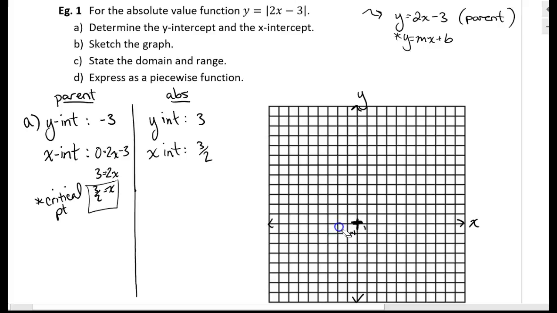Actually, I'm going to go by half since I've got lots of space. Okay, so if you do like drawing the parent function, go right ahead. Put your y-intercept and draw your slope. If you're going to do that, I'm going to get my y-intercept as negative 3. Go up to over 1 is my slope.